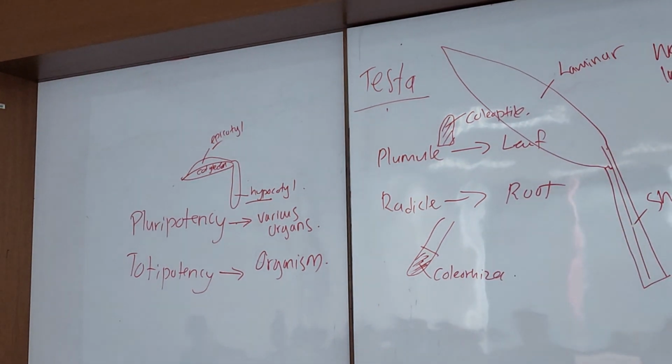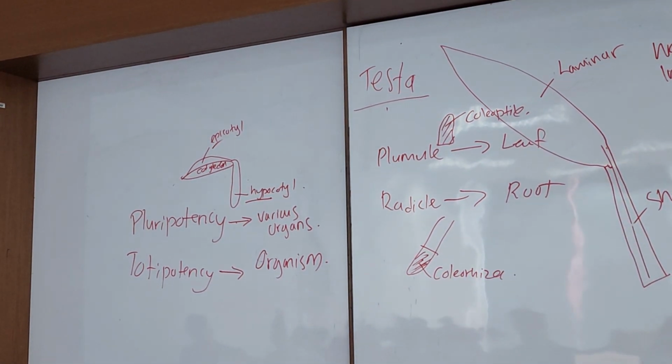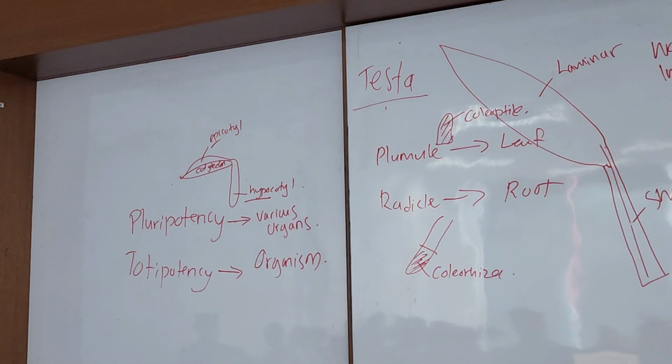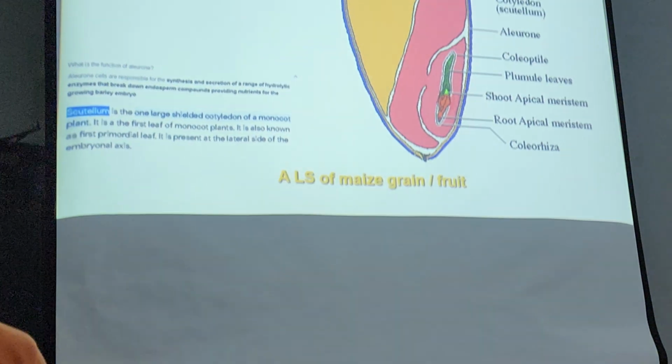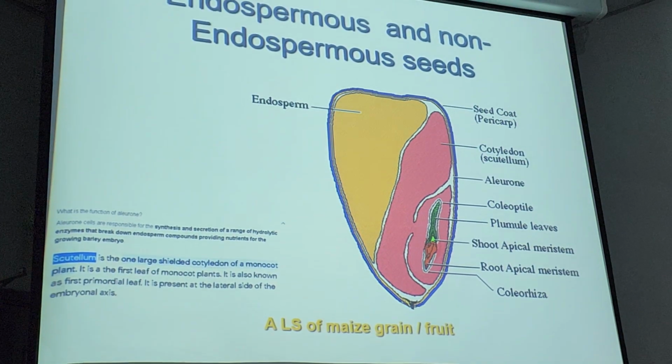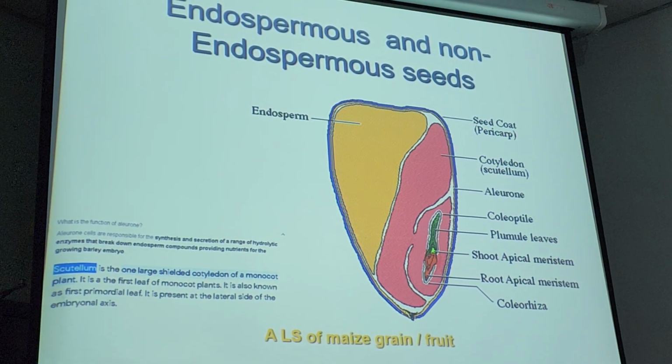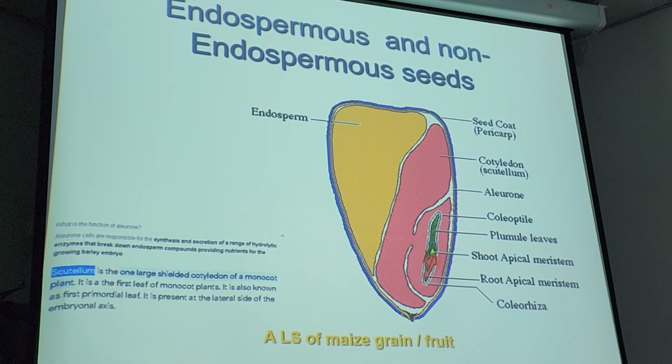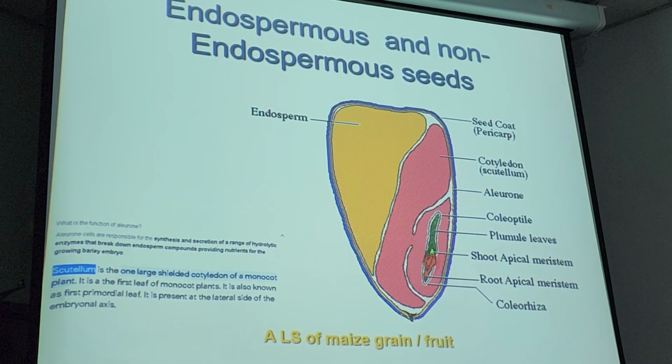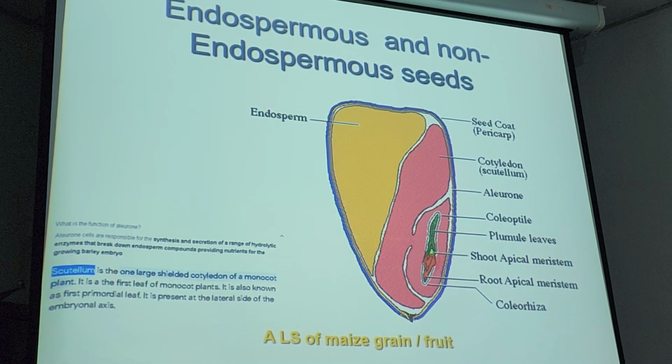So when you have your zygote, the fusion of your gametes, male and female, that's actually still undifferentiated. It can have totipotency.